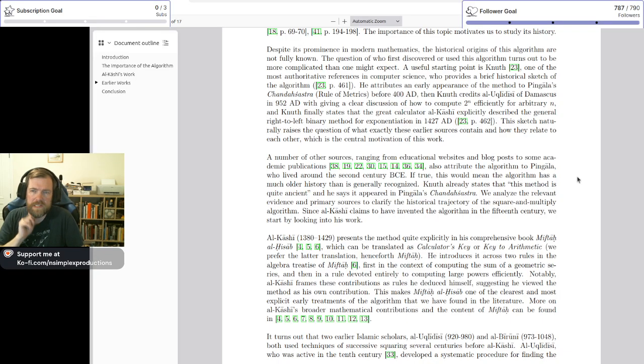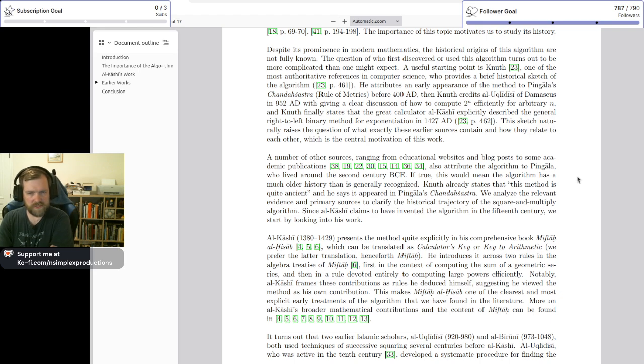Then Knuth credits Al-Uqlidisi of Damascus in 952 with giving a clear discussion of how to compute 2 to the n efficiently for arbitrary n. Knuth finally states that the great calculator Al-Kashi explicitly described the general right-to-left binary method for exponentiation in 1427. This sketch naturally raises the question of what exactly these earlier sources contain and how they relate to each other, which is the central motivation of this work.